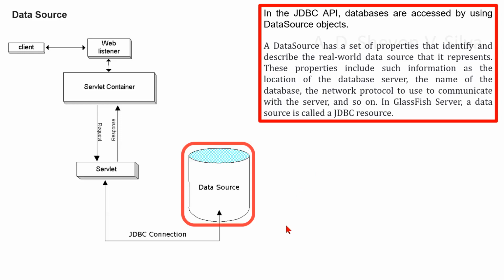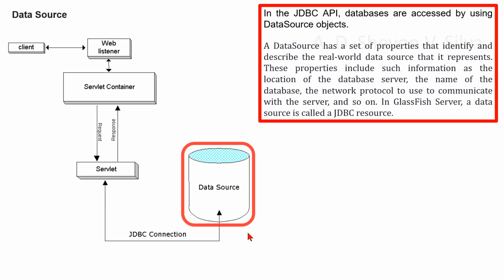Now we are focusing on data source. In the JDBC API, databases are accessed by using data source objects. A data source has a set of properties that identify and describe the real-world data source that it represents.